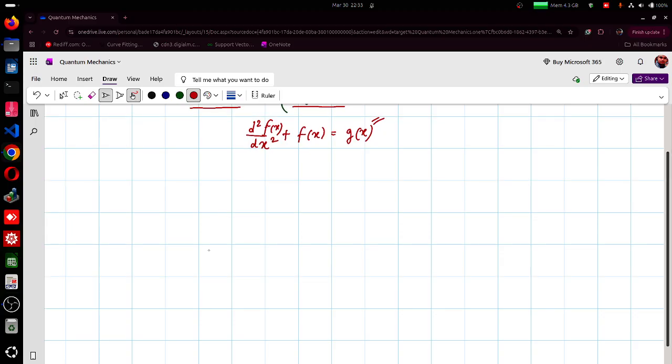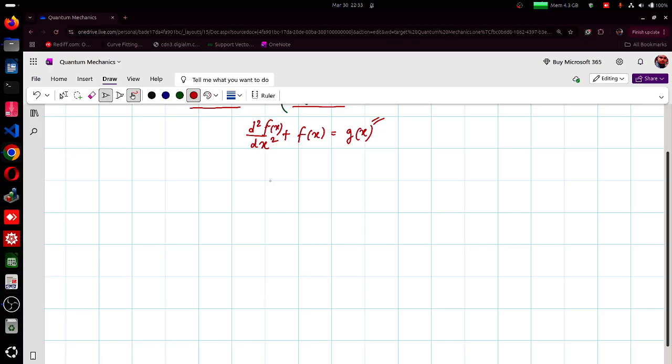So how do we define the Green's function for that? Green's function basically is an auxiliary function which is required to evaluate the actual function, our desired solution. Here we are interested in finding f(x).